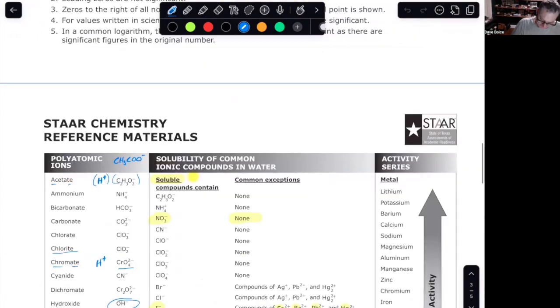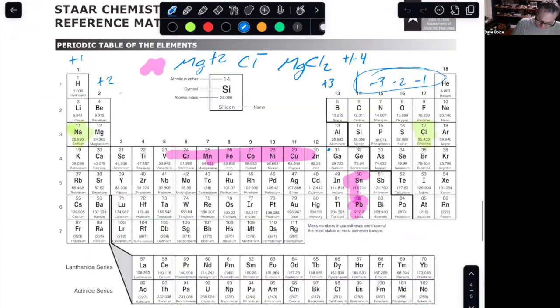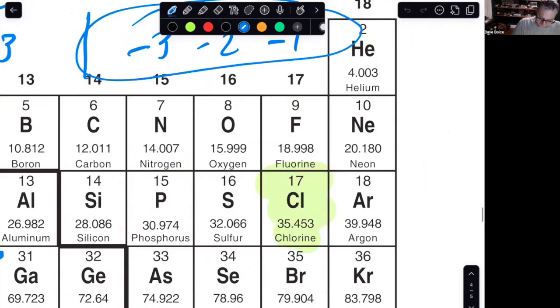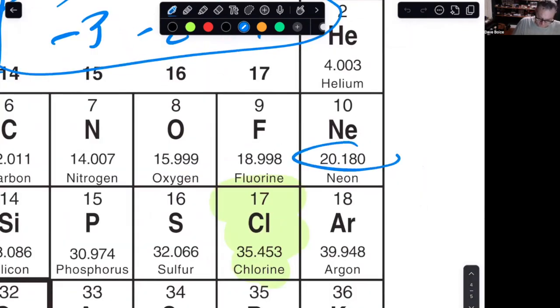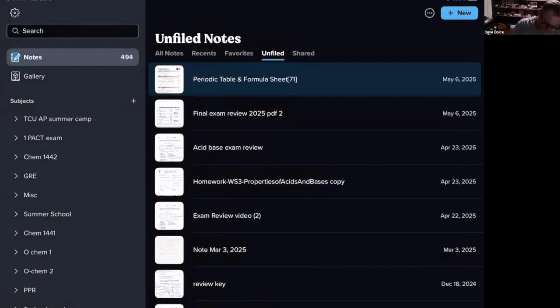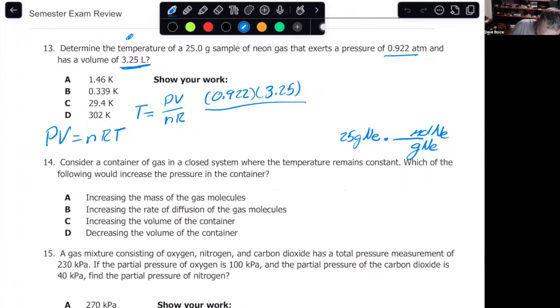There you got the periodic table. Neon weighs 20.18 grams per mole. That's its molar mass. So cool.